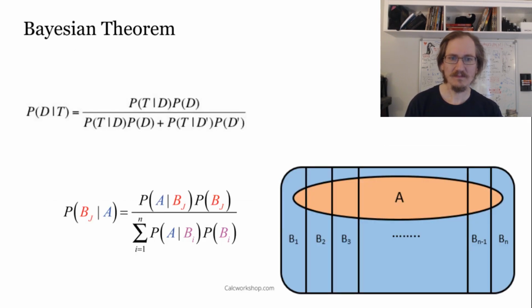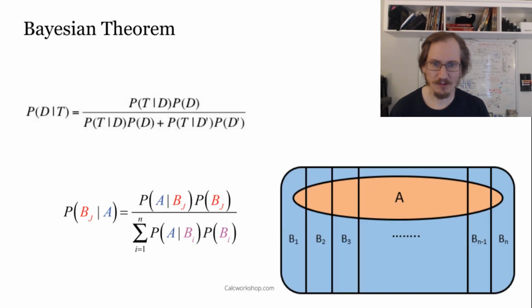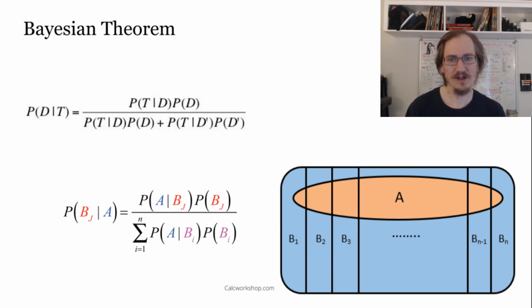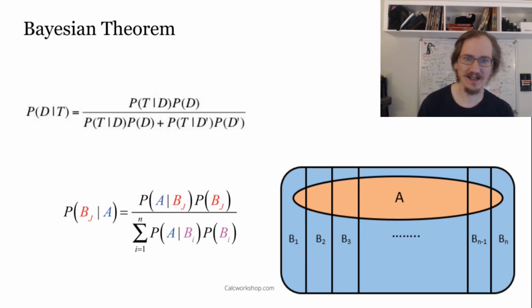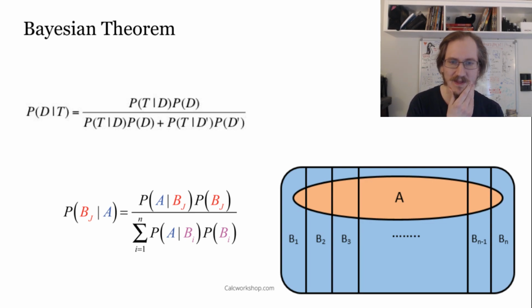One way to view what's really going on here is that on the denominator in the right-hand side of the top equation, we're calculating the probability of T. That's what that calculates. Now, in this case, the argument is being made that all of T is inside of D and D naught, which is another way of calling the complement of D. So it is a partition.